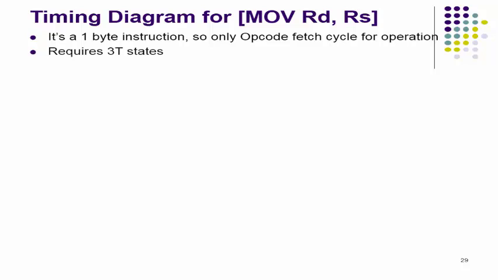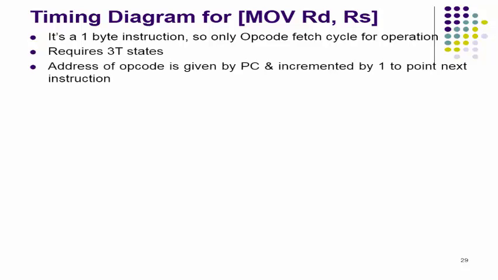So obviously it requires 3 T states during the execution of this instruction. In this case, the address of the opcode in the memory is given by the program counter, and after fetching of the opcode, the program counter gets incremented by 1 to point to the next instruction.